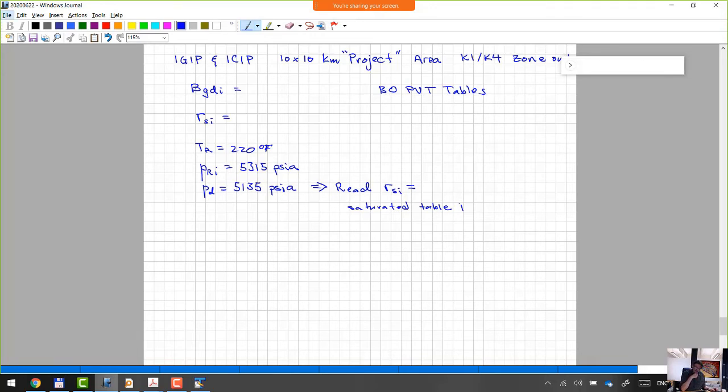So what was that little RSI? And then you need to go to the undersaturated Blackwell table 1 at 5315 to get the BGDI.